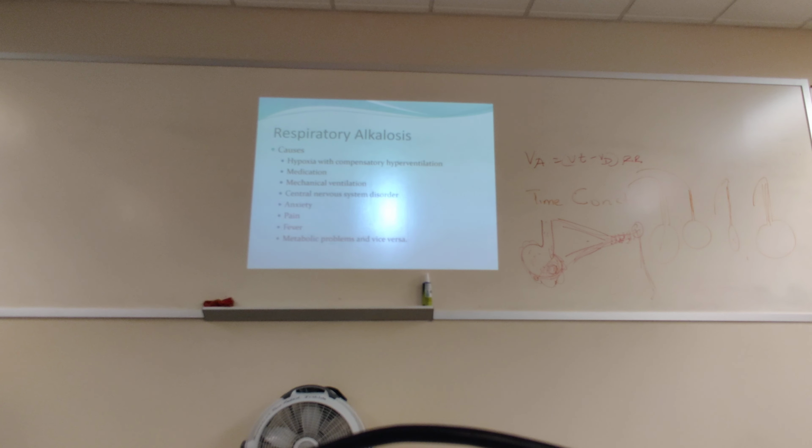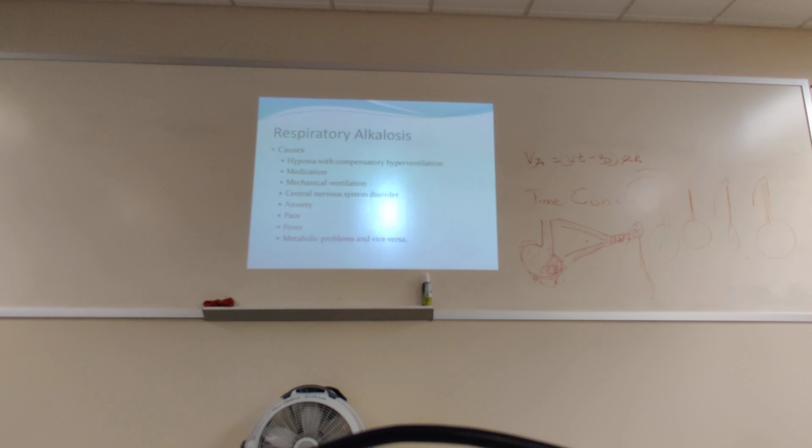Respiratory alkalosis, causes of respiratory alkalosis: hypoxia with compensatory hyperventilation. So that means that if you don't have enough oxygen, you are breathing very fast. We've already learned that. Hypoxia-induced hyperventilation, okay? That will cause respiratory alkalosis. Medication, some medications can cause that.